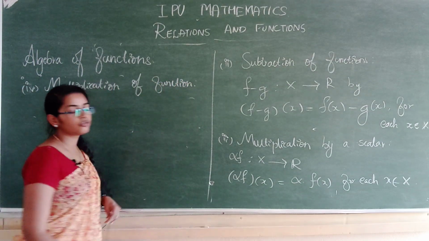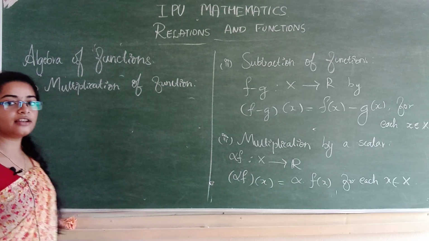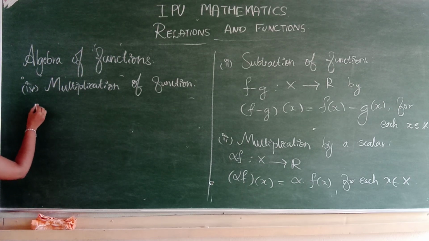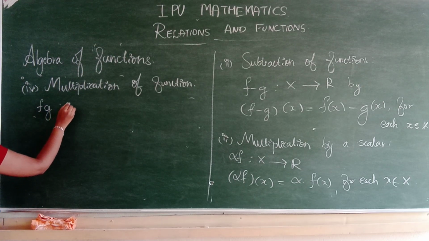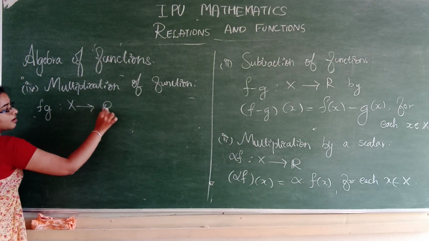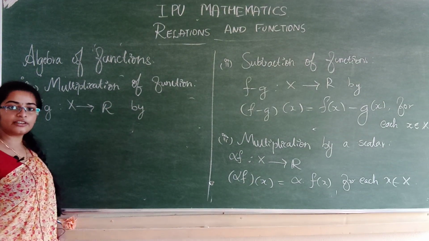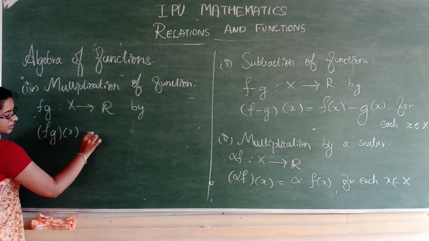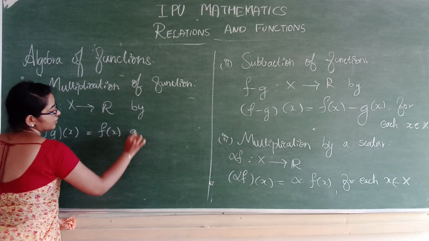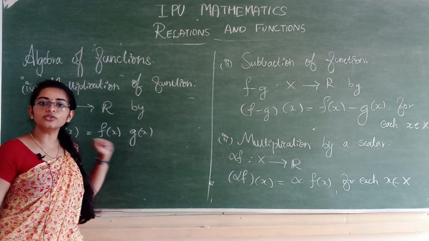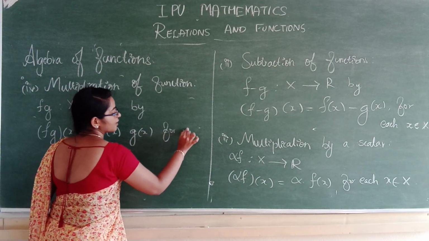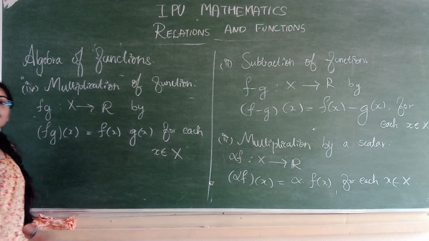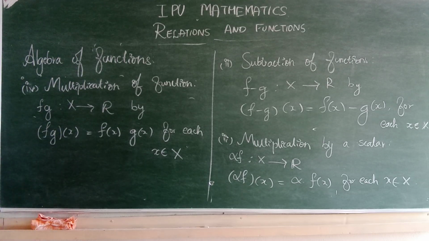First, we need two real functions f and g from the same domain X. Then we define the multiplication fg from X to R as fg of x is equal to f of x into g of x for each x belongs to the domain X. This is how we define multiplication of any two real functions.